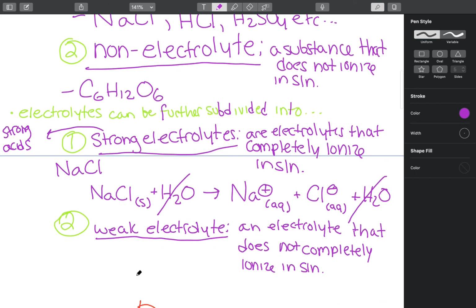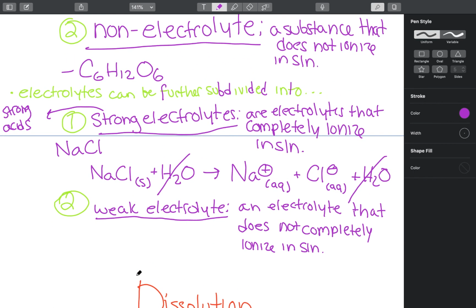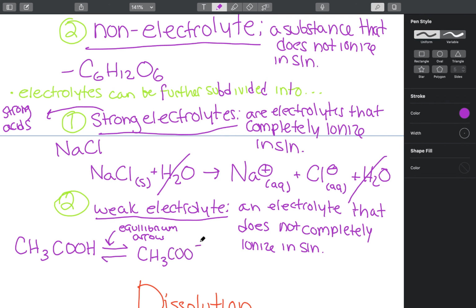Instead, it attains an equilibrium. An example of a weak electrolyte is acetic acid. This is acetic acid. And how you would show a weak electrolyte is you would use this equilibrium arrow. And on the other side, you would put your anion, acetate, and your hydronium ion.